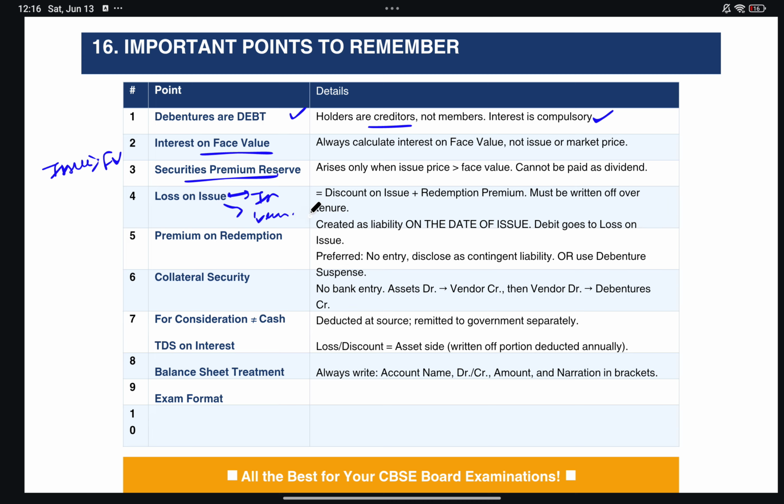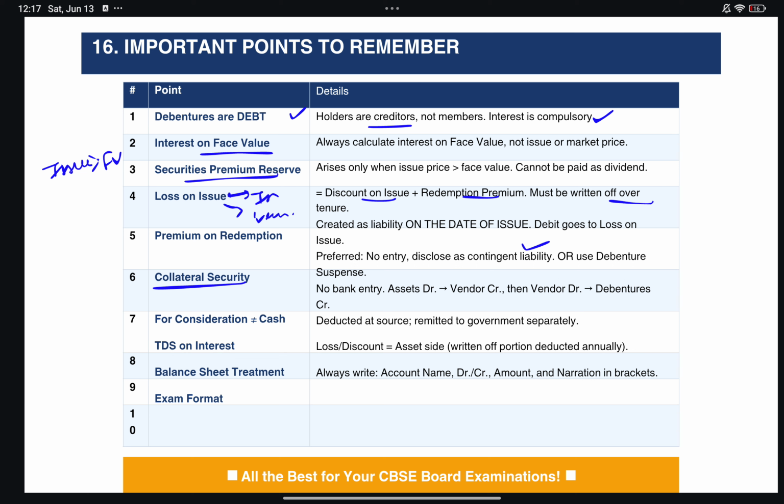Premium on redemption is a contingent liability. What is collateral security? When a company issues debentures as secondary security additional to primary security. If the company makes any default in payment, then the bank can use those debentures.